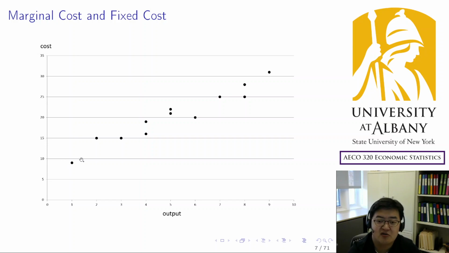So there is a clear tendency, increasing slope, the positive direction of the relationship is clear between the output and the cost. Yeah, of course, definitely the marginal cost must be positive. So as you produce more, you have to spend more cost.